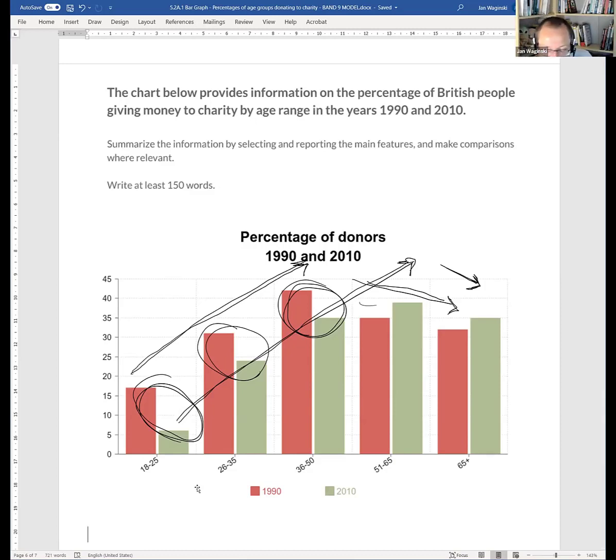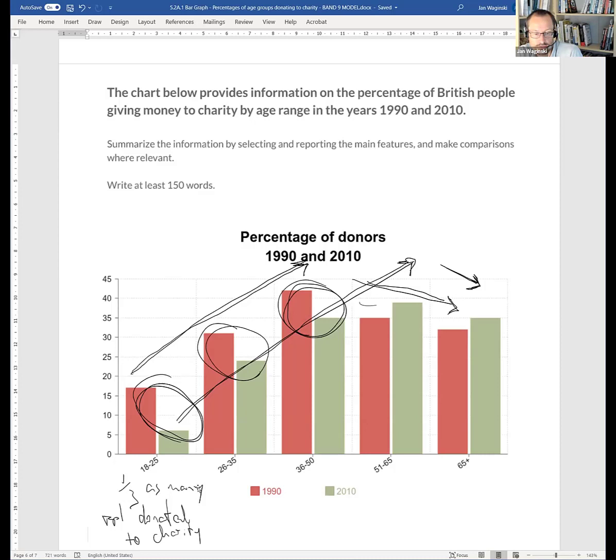So you would say 1/3 as many people in this category donated to charity. One-third as many 18 to 25-year-olds donated to charity.